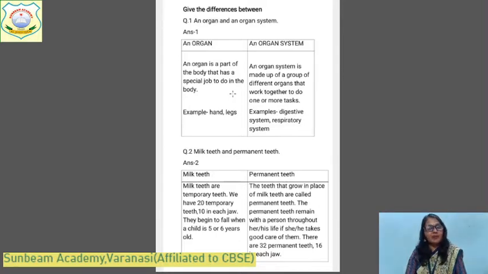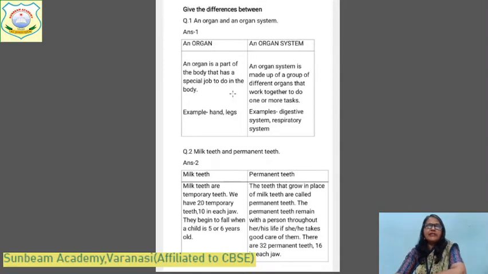Examples of organ systems are the digestive system and respiratory system. In the digestive system, many different types of organs like food pipe, stomach, large intestine, small intestine, liver, they all join together and do the function of digestion. And what organ system do they make? Digestive system.